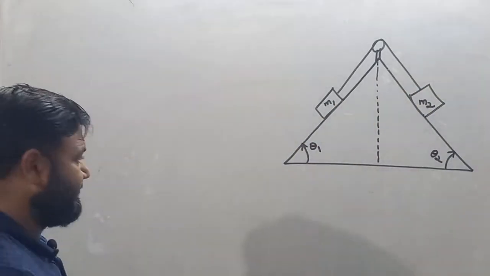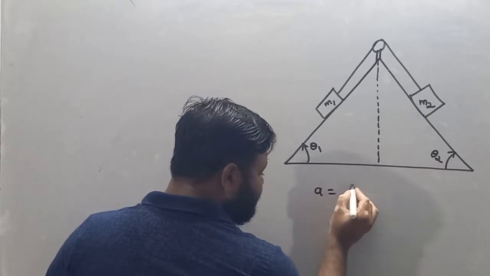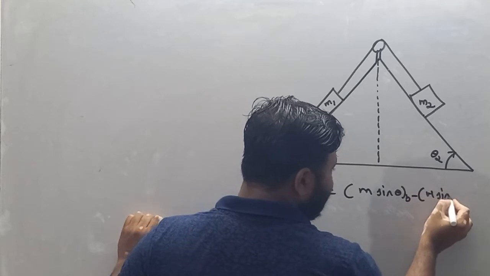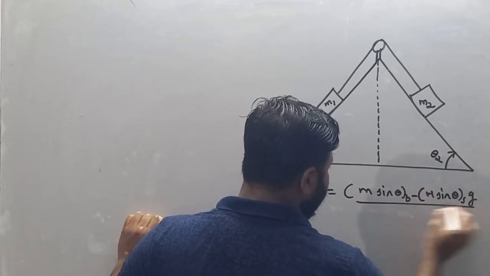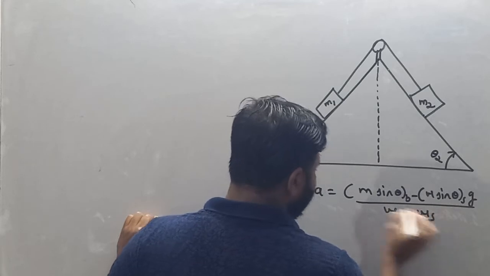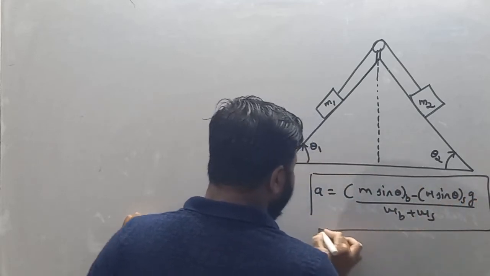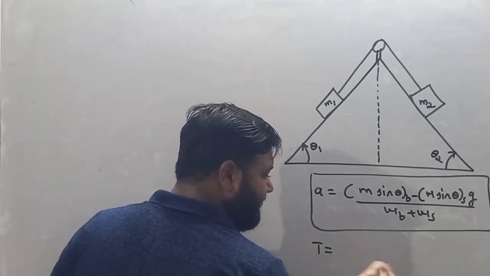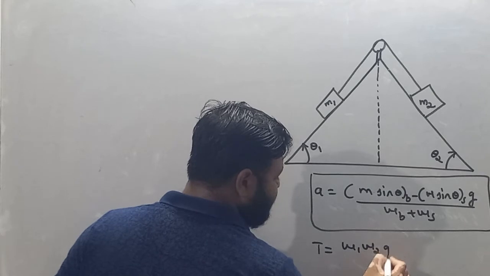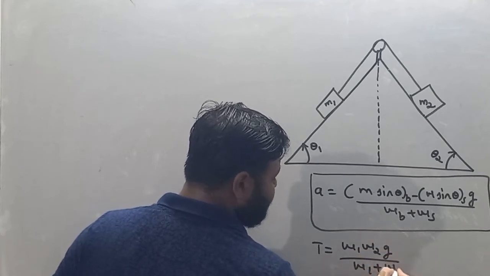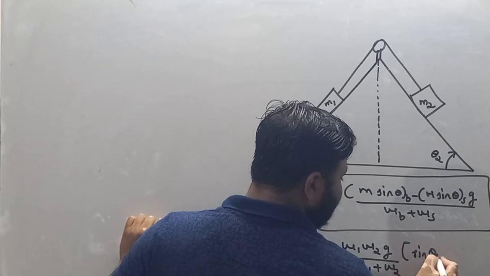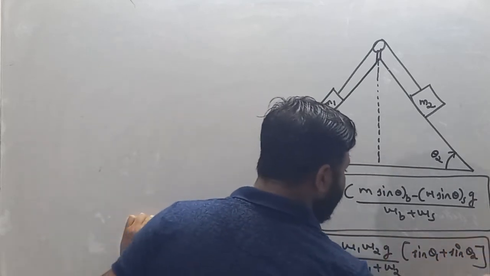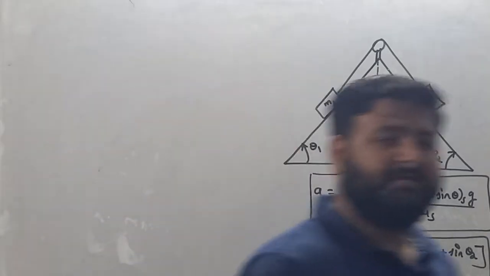Remember, the value of acceleration is (m sine theta bigger minus m sine theta smaller) into g upon mass of bigger plus mass of smaller. This is the formula of acceleration. Similarly, tension is m1 m2 g upon m1 plus m2 into (sine theta 1 plus sine theta 2). This is the formula of tension in case of double inclined plane.